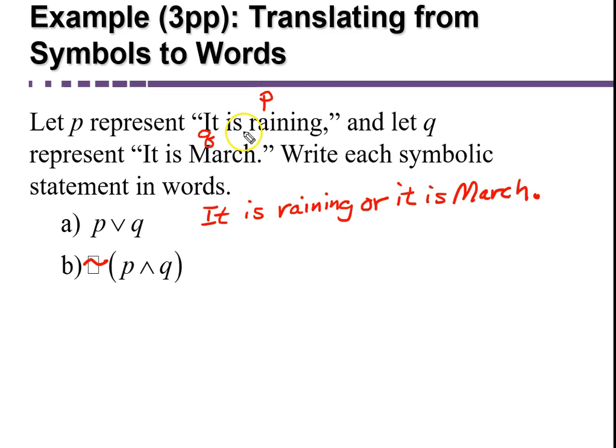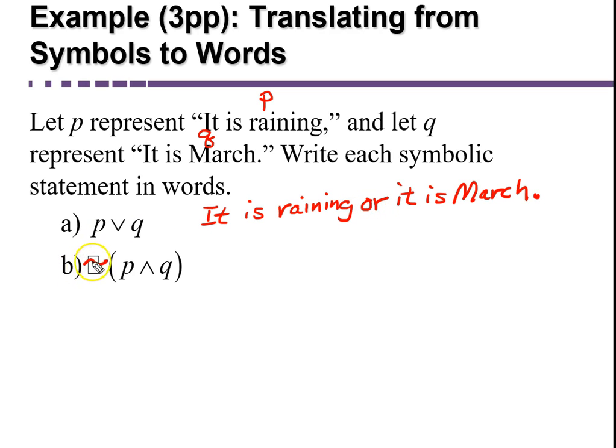We've taken it with what P and Q represent. These letters are often used in symbolic logic. And then looking at its symbolism, convert it to a statement. This would be a compound statement with the first component and the second component and the symbol or.